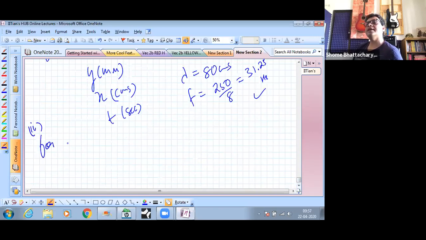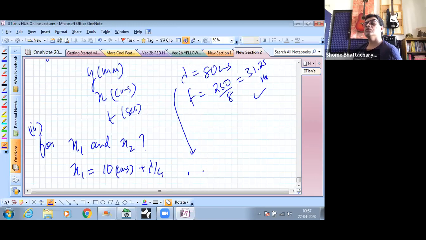For the value of x1 and x2, x1 is equal to 10 centimeters, that data point which is shown, plus a quarter of a wavelength. And the wavelength you already got here. We substitute that, so x1 is actually becoming 30 centimeters.